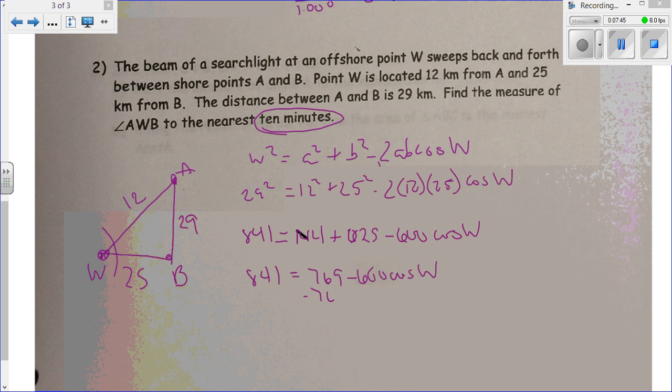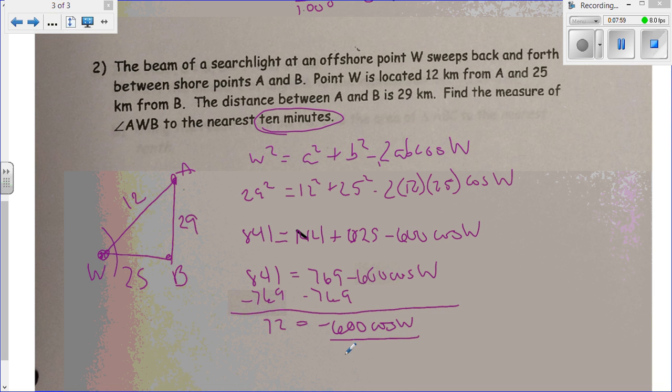Minus 769 on both sides. And we get 72 equals negative 600 cosine W. Divide both sides by negative 600.